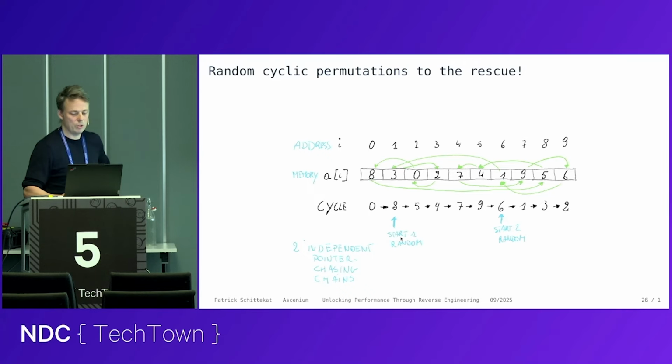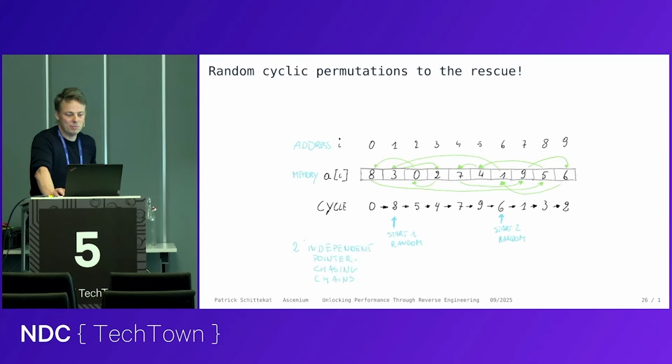So this will be our first load, and this will be our second load, and in between we will have nops. And if we make this memory big enough, like a huge page in memory, then we have very little chance of getting into the cache, which we wanted to avoid.